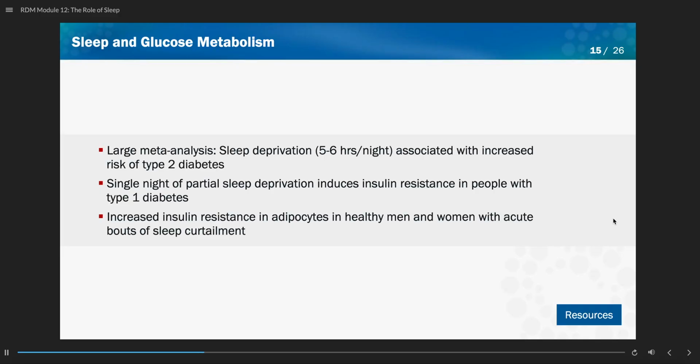And if we think back to that large study that found that 70 million Americans sleep less than 6 hours a night, there is a strong association for those 70 million Americans with an increased risk for type 2 diabetes. And a single night of partial sleep deprivation induces insulin resistance in people with type 1 diabetes. And we've also seen that increased insulin resistance in the adipocytes of healthy men and women are worsened with acute bouts of sleep curtailment.